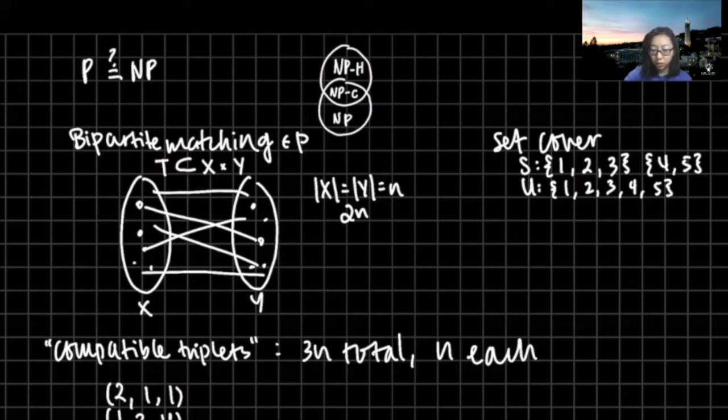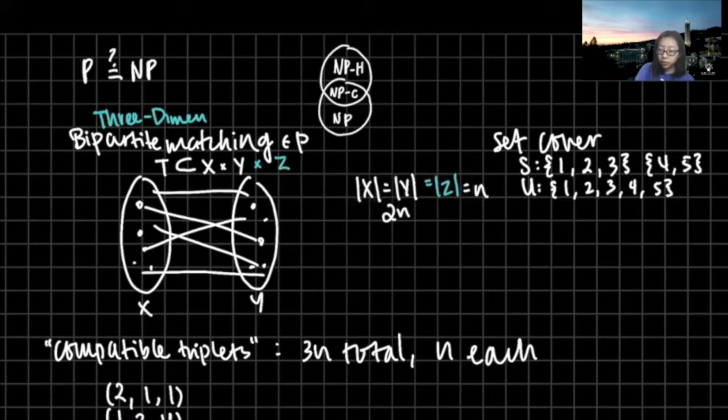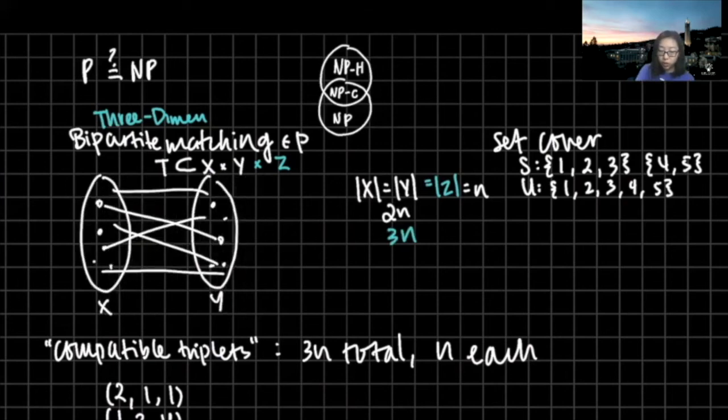Just to define three-dimensional matching formally, let me add on to this 2D matching definition. For 3D matching, we have another set over here, also with exactly n members. Instead of 2n, we have 3n total elements that we want to satisfy. Let me visualize this so it's better for everyone to see, and there are edges connecting it over here.